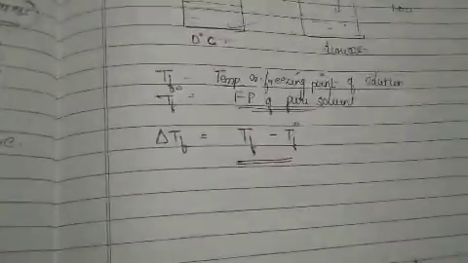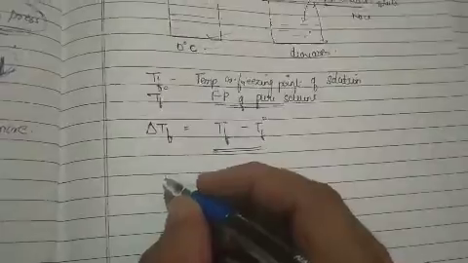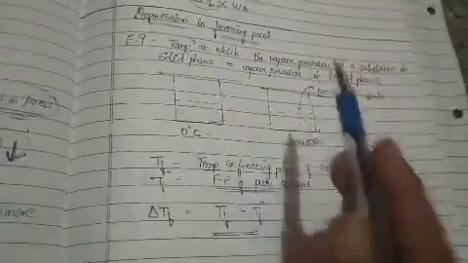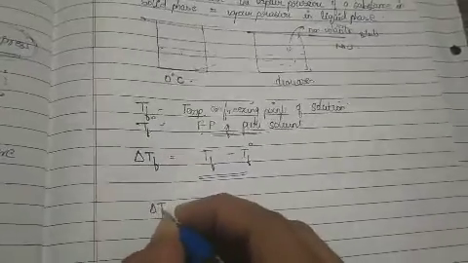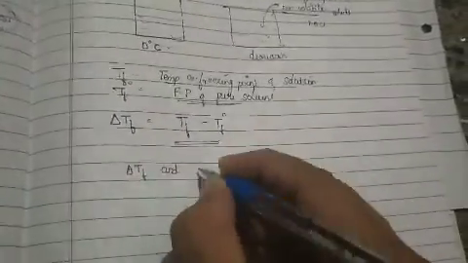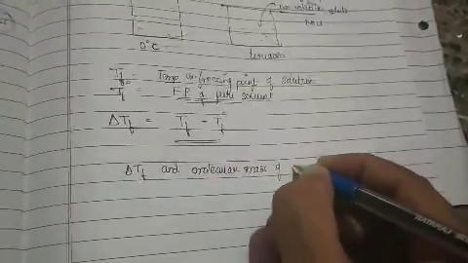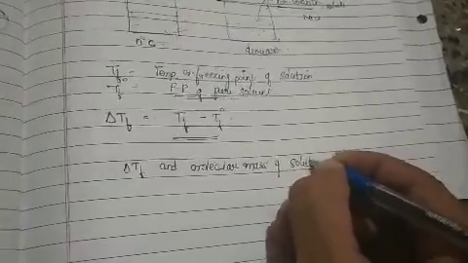So keeping this in mind, now we are going to see the derivation part. What is the relationship between your depression in the freezing point, that is delta Tf, and the molecular mass of your solute? As we have seen, we need some expression in order to derive this.